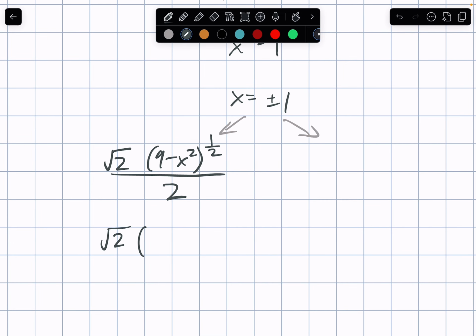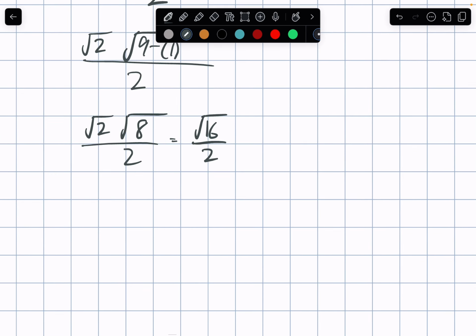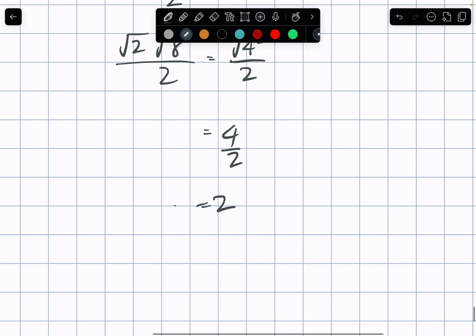So square root of 2 times four squared. So 4 over 2 is equal to 2. There you go. That's from x equal to positive 1. Positive 1, positive 2.